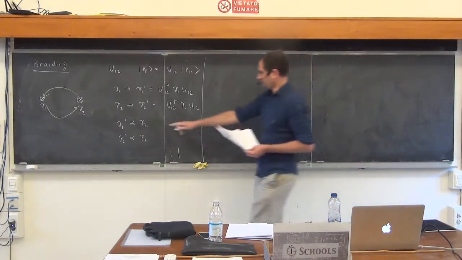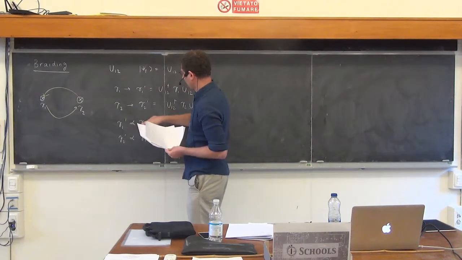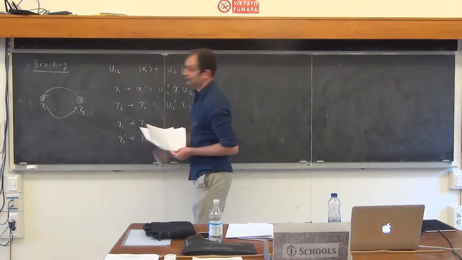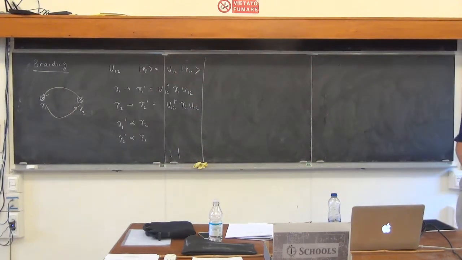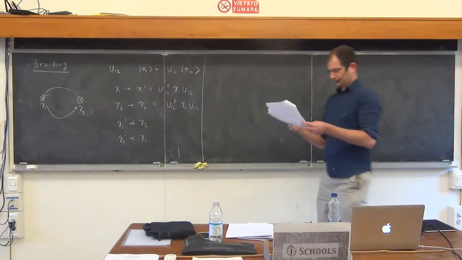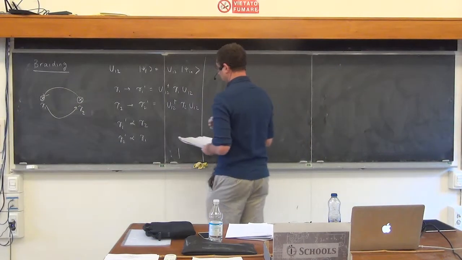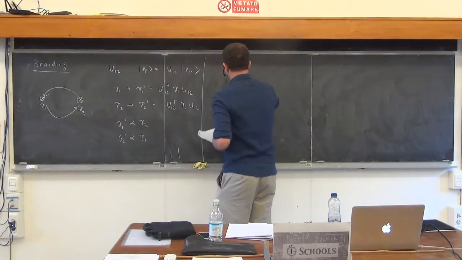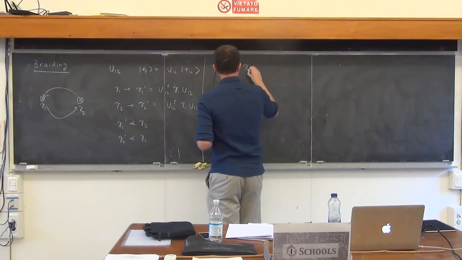That means in particular that the proportionality constant here is constrained to be either plus or minus 1. It can be nothing else. And the same thing here. So the only thing left for me to do is to determine the sign, which is plus or minus 1. Let me assume that gamma 1 prime is just equal to gamma 2.